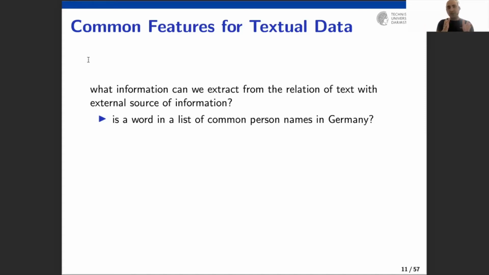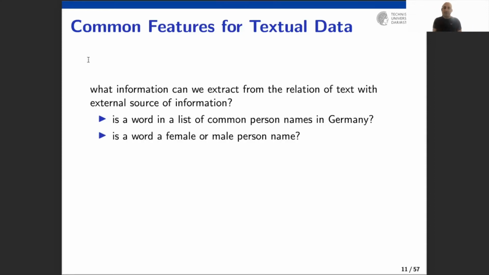So we can define a feature function that easily returns 0 or 1. 0 if a word does not appear in the list of common person names in Germany, and 1 if a word is part of common person names in Germany.